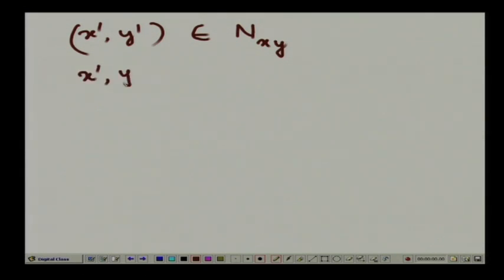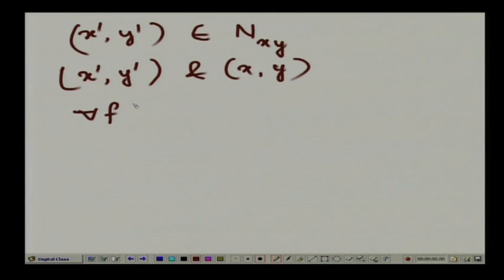So, our operation will be something like this: we take a point x dash y dash which is in the neighborhood of some point x y in the image, and we say that these two points are similar if grad f x y, that is the strength of the gradient operator at location x y, and grad f x dash y dash are very close.